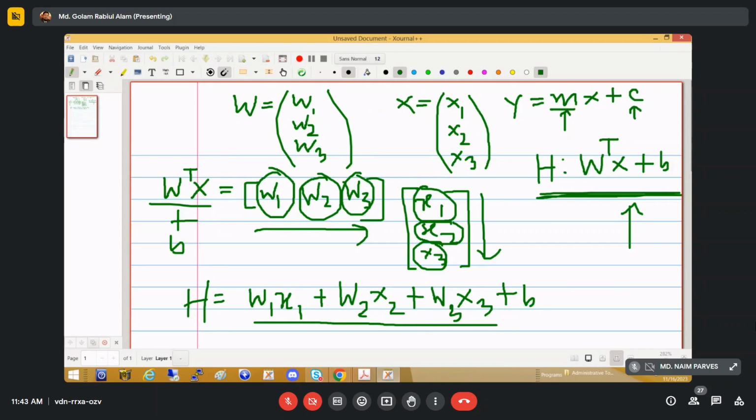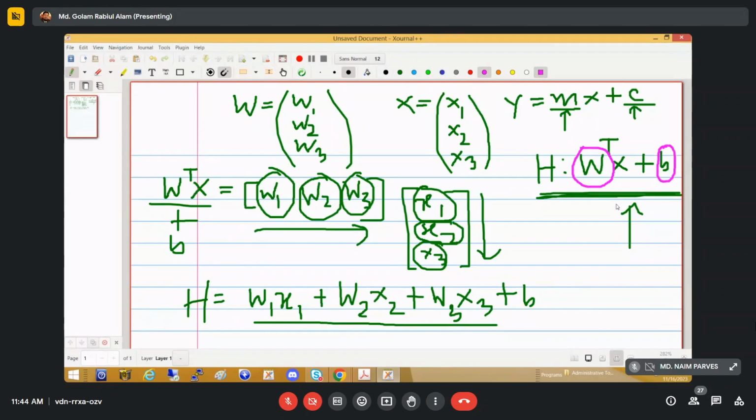That means the slope we need to find out, the optimal value of slope, and the optimal value of y-intercept. Okay, so for a single line equation. And here in this case, we need to find out the values of W and also the B.